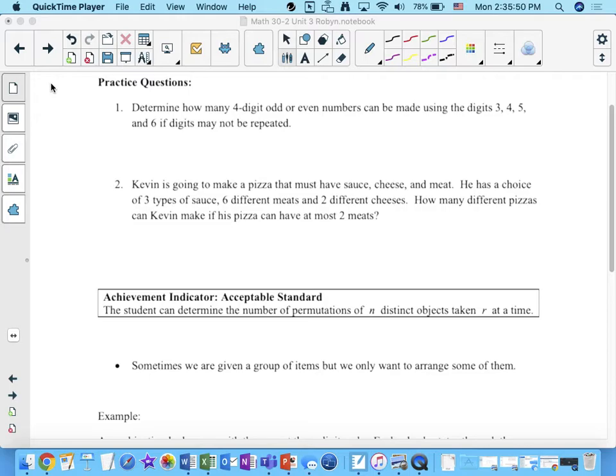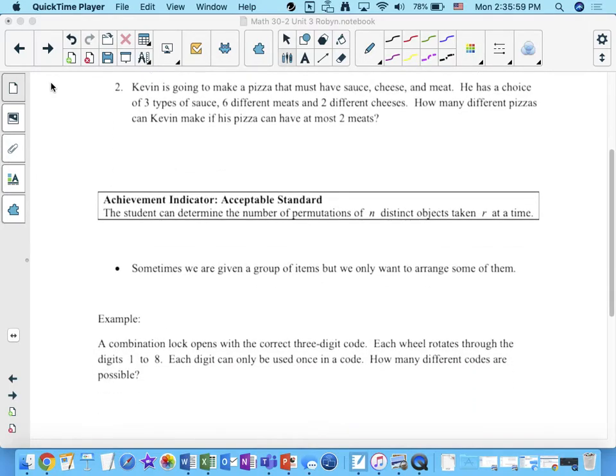But I haven't ever ordered a meat pizza, and I was totally confused by this question. I got it in the end. I'll show you why I was confused once we go through it. Some of you guys got it. I'm like, well done. You must have a lot of experience ordering pizza. My husband did really well with this question. He's got a lot of experience ordering pizza with meat on it.